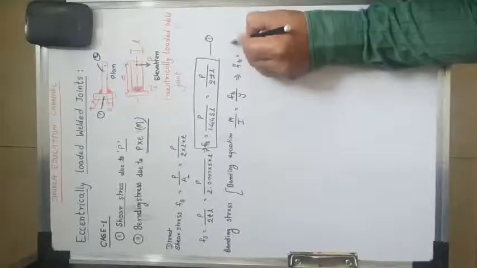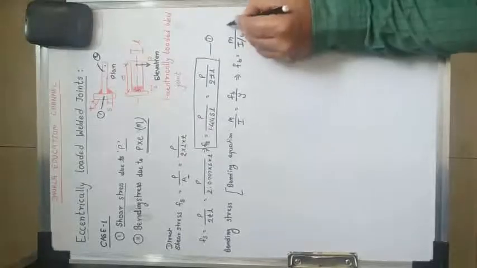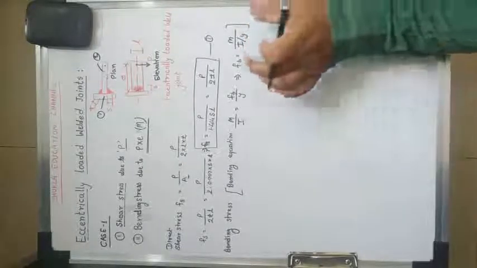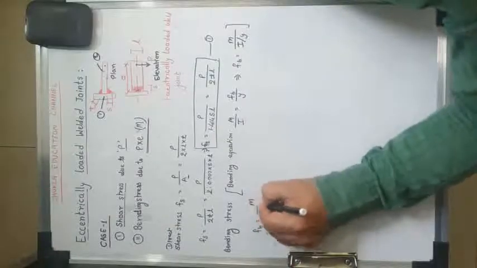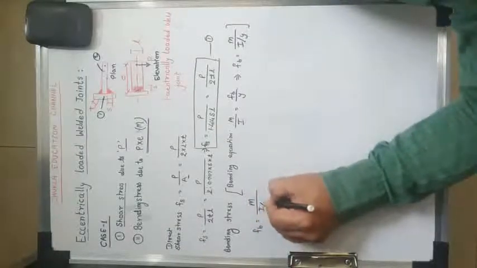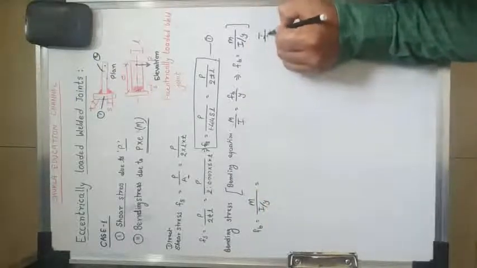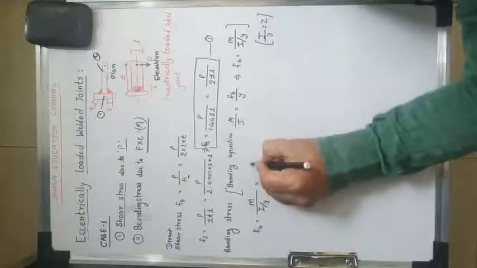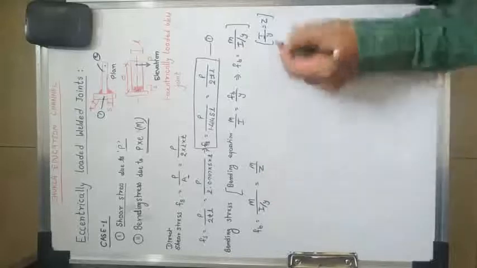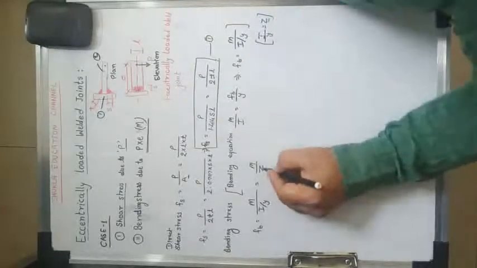Fb is equal to M upon I upon Y. It is a very simple formula. What is I upon Y? I upon Y is equal to Z, the section modulus. So Fb is M upon Z. This is the equation.